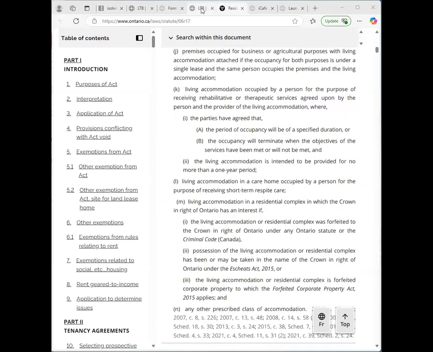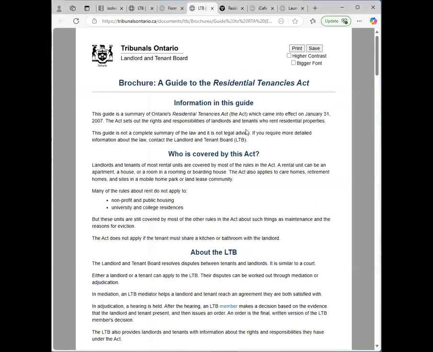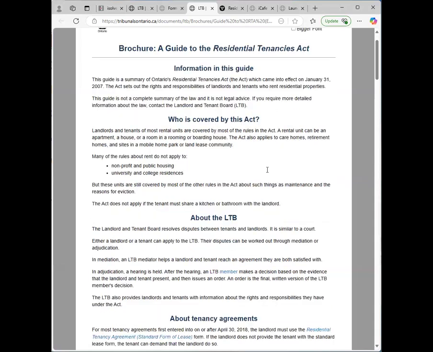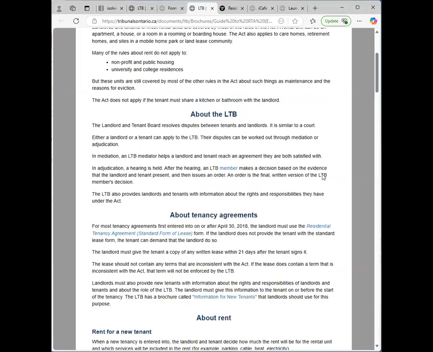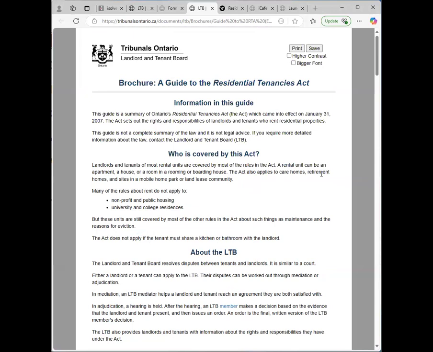So I'm going to switch to the next one, here it is, the brochure, a guide to the Residential Tenancies Act. And if you're wondering where this is, again, on YouTube, you're going to see the screen share. Tribunals Ontario Landlord and Tenant Board has created this guide, and this guide is way easier to digest on what is involved. It's about 6 or 7 pages, and it explains a little bit more about the act itself.